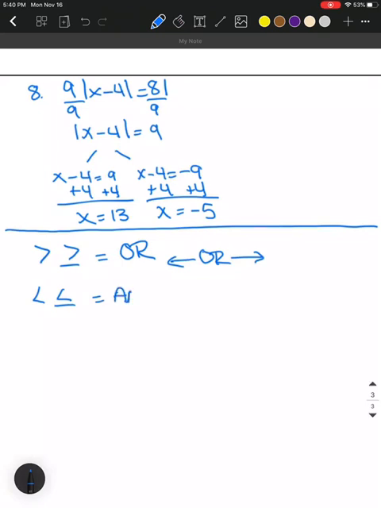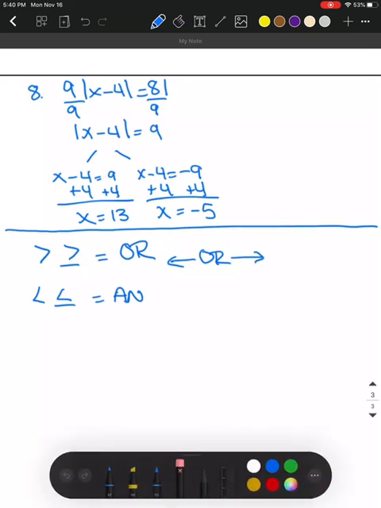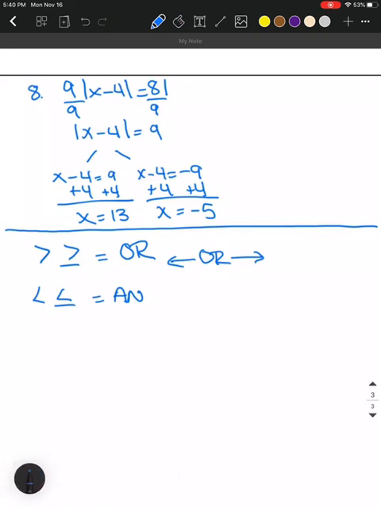And for our and statements, we shade together. So ors apart and ands together.